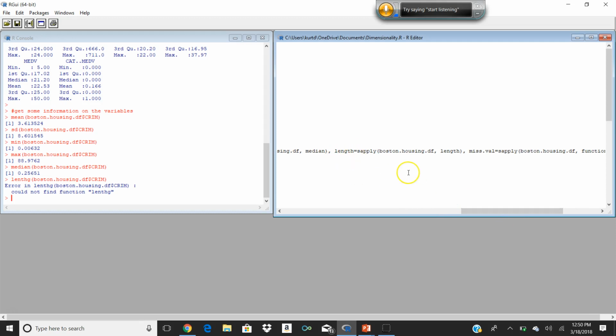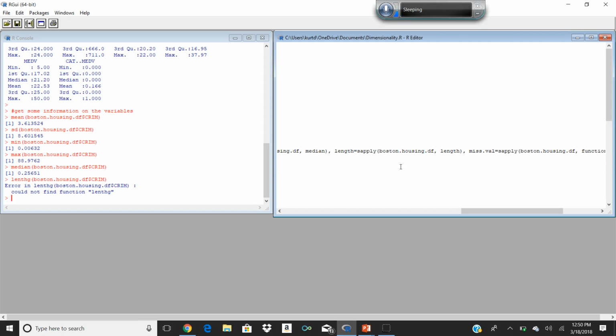Our length command is a little different. It's also an sapply, which is universal apply. We're going to apply that to the data in the data frame that we've created. We're going to run length on it, then see how many of them are empty.